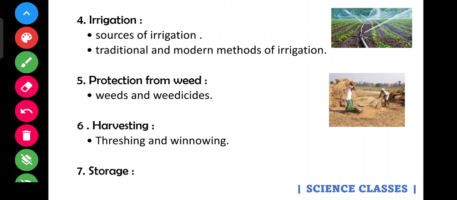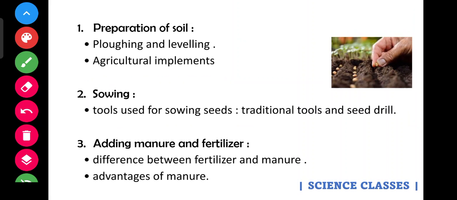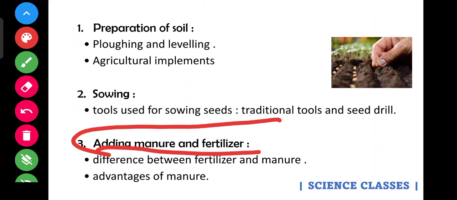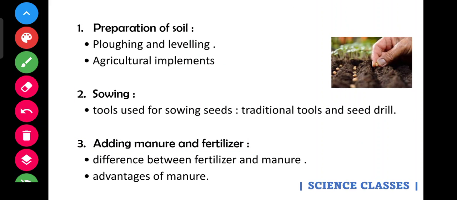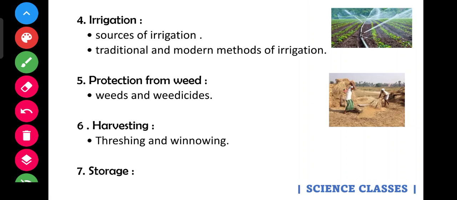Next, just as adding manure and fertilizer is a very important step, the fifth step is also important, that is protection from weeds.